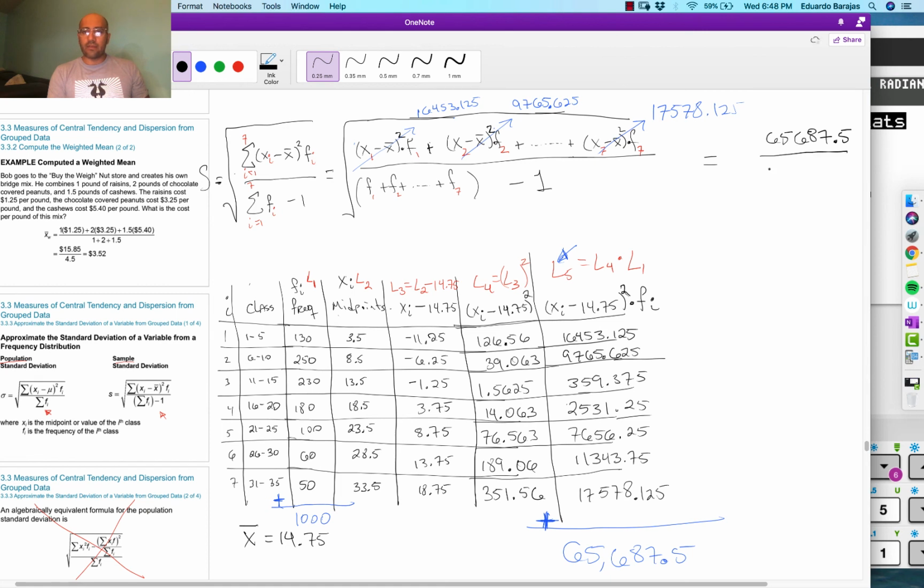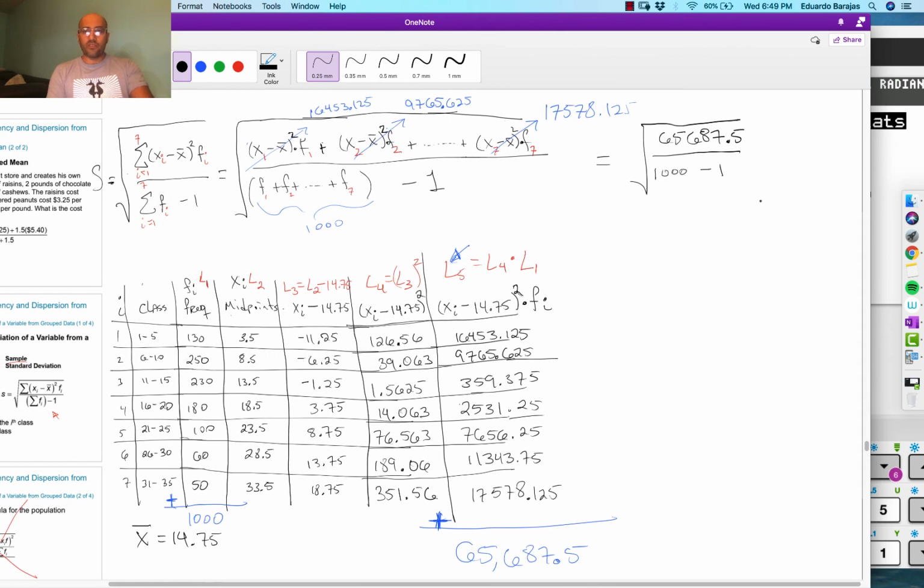The denominator is going to be this 1,000 minus 1. So it's really going to be 999. 1,000 minus 1. And when I figure out what that is, I still have to take the square root of that whole thing. Okay, so we're almost there.